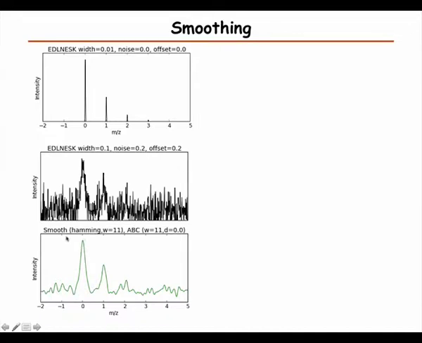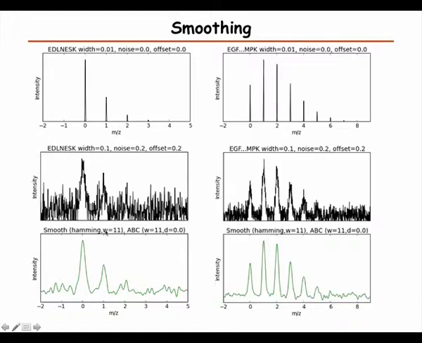If we smooth it, we get a better definition of at least the first two peaks. But again, for the third peak there is so much noise. We get the peak, but there is actually this other peak here that is noise.